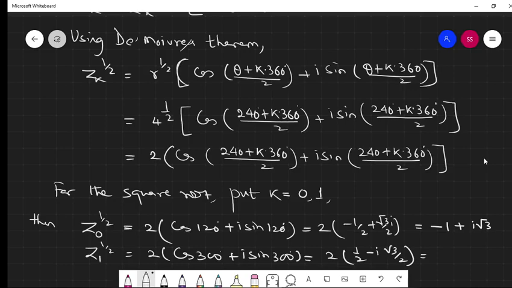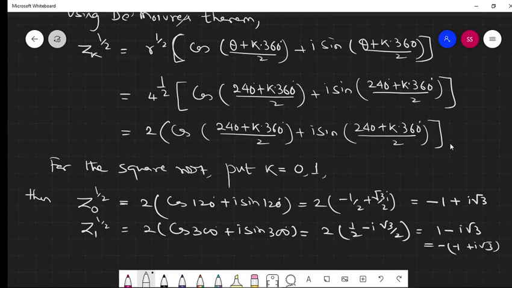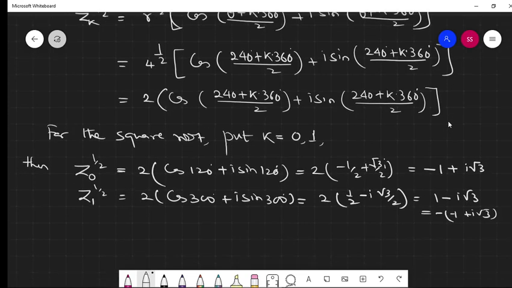That's why it is 1 minus i root 3, or taking minus common, minus of minus 1 plus i root 3, to develop the same pattern, but otherwise it's okay also, no doubt. Therefore the required roots are plus or minus of 1 plus i root 3. Answer.